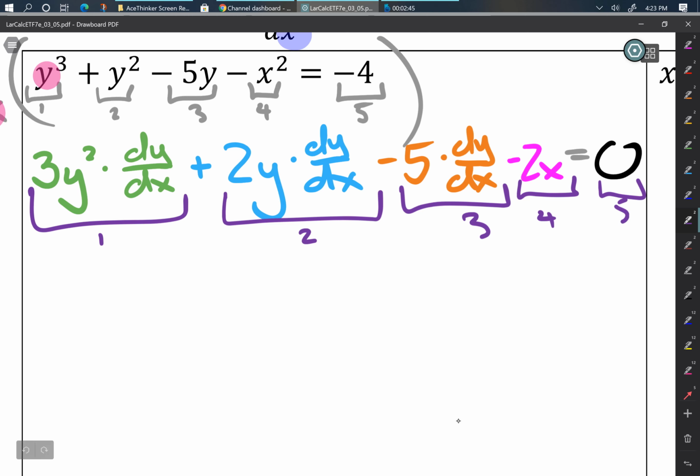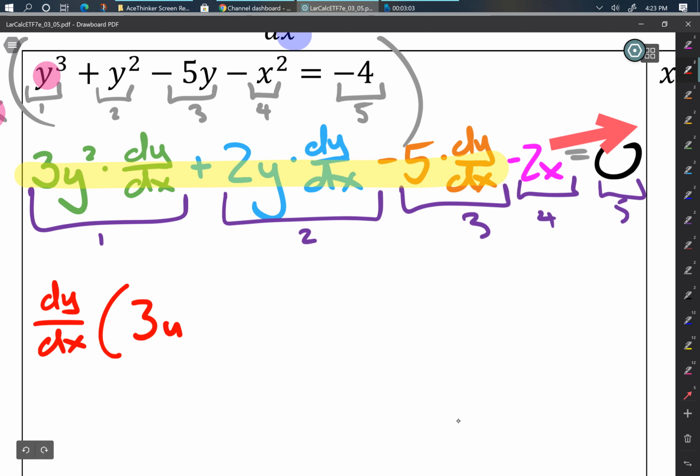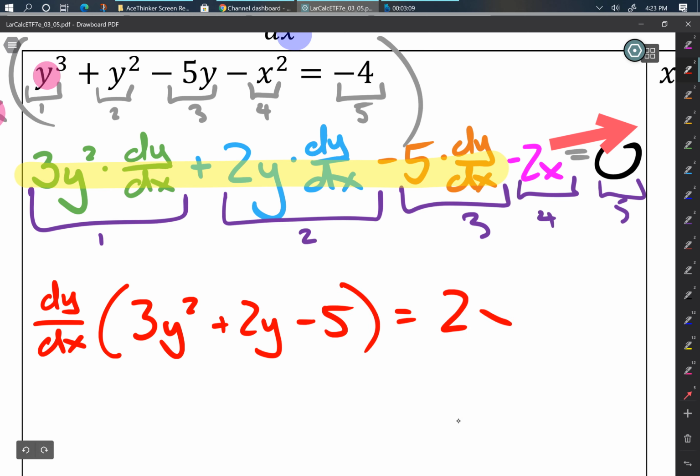So what I'm going to do is take the ones that don't and move them to the other side of the equation and take the ones that do and factor out that dy/dx. And when we factor out that dy/dx on the left, we're going to get the statement that dy/dx times 3y squared plus 2y minus 5 is equal to 2x.